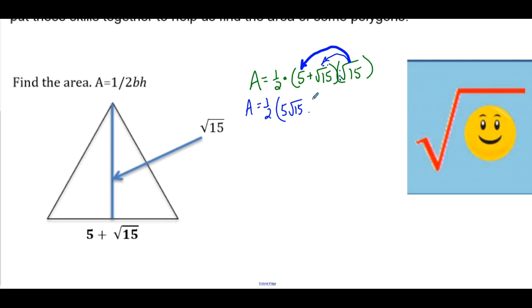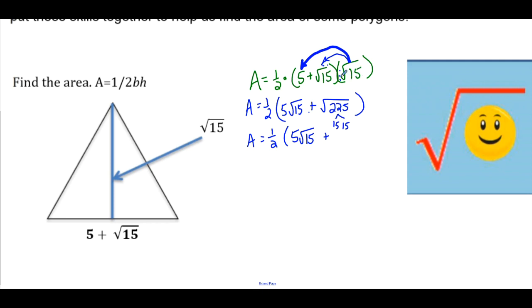And then the square root of 15 times the square root of 15, I would multiply what's inside, and I get the square root of 225. All right. Then I'm going to go ahead and simplify what's under that radical. So I've got 1/2 times 5 root 15 plus the square root of 225. 225 breaks down into 15 times 15.